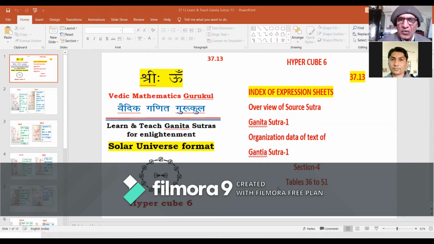The focus essentially is continuing with the organization of data of the text of Ganita Sutra 1. We are chasing the sutra letter-wise today in tables 36 to 51.